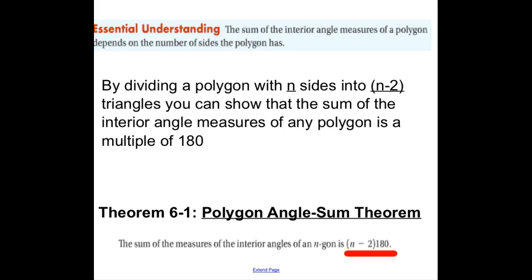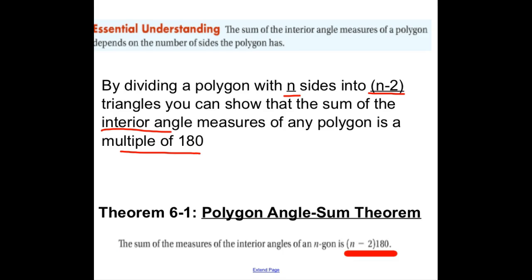Okay, so there's an important piece of information: the sum of the interior angle measures of a polygon depends on the number of sides a polygon has. So what we can say is that by dividing a polygon with n sides, you need to fill that in, into n minus 2 triangles, you can show that the sum of the interior angles, those are inside angles, of any polygon is a multiple of 180.